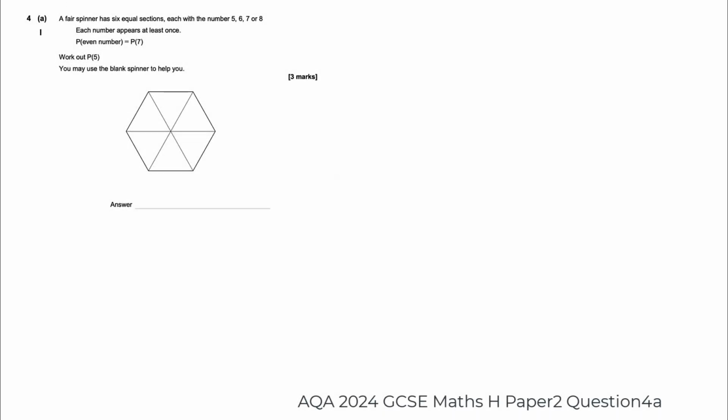So here's question 4. In part A, we're shown a spinner with 6 sections. We're told that these sections contain the numbers 5, 6, 7 or 8. Each number appears at least once, and the probability of an even number is the same as the probability of a 7 being spun.